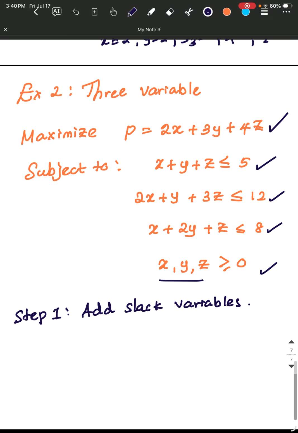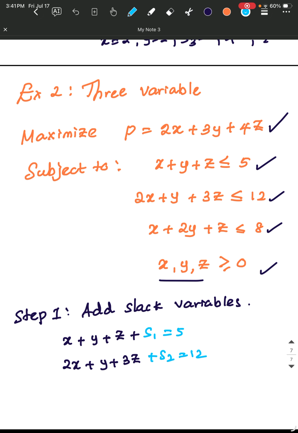Okay, for the first one, x plus y plus z plus s1 equals 5. Second, 2x plus y plus 3z plus s2 equals 12. X plus 2y plus z plus s3 equals 8. And the objective function. Then convert the objective function.